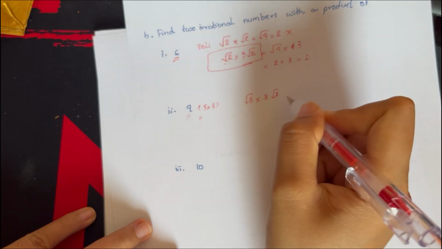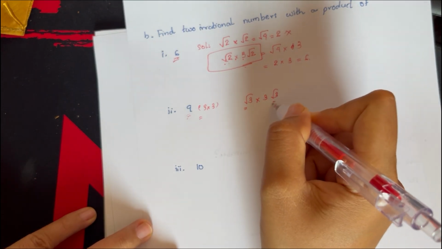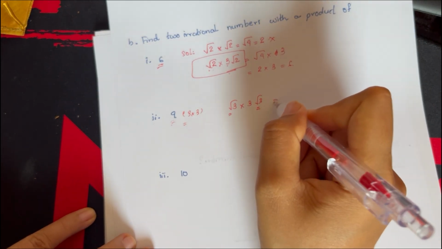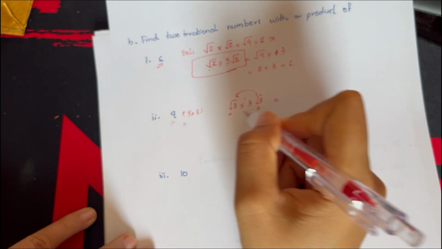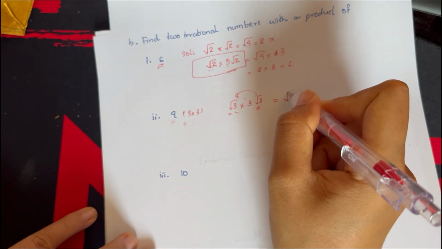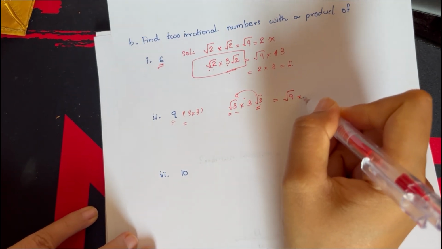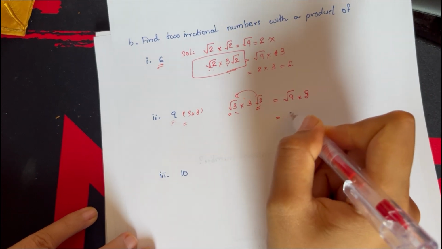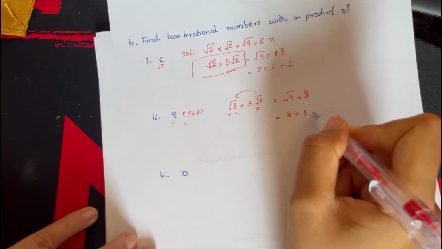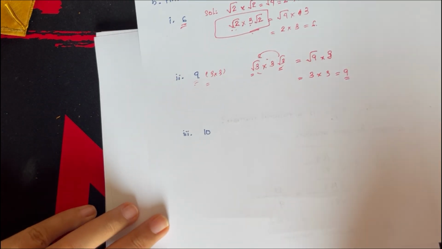Root 3 is irrational, and 3 root 3 is also irrational. So we will multiply: root 3 and root 3 gives root 9, multiplied by 3. So that will be 3 multiplied by 3, and we get 9.